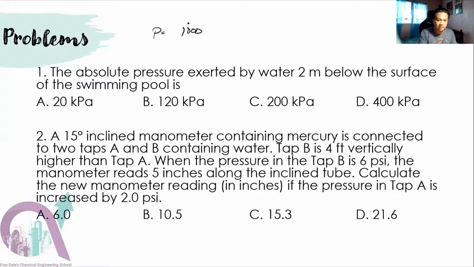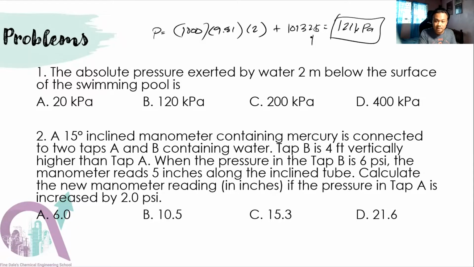You have 1000, which is the density, plus 101,325, you will get 121 kPa. This is in pascals, this is also in pascals. So the answer is letter B.